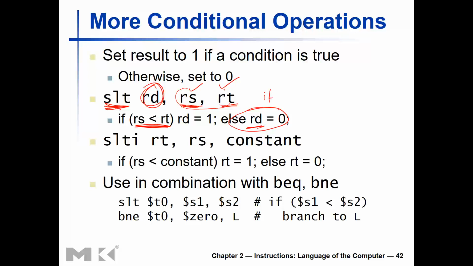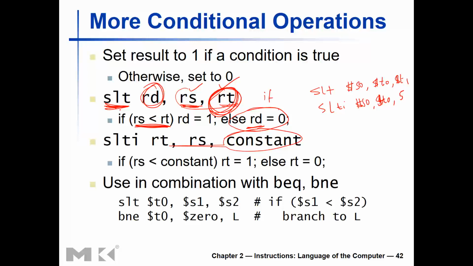Now, the second operand can be either a register or immediate data. For example, I can say set if less than, destination register S0, compare T0 and T1. Or I can use the immediate form, S0, T0, and the number 5.